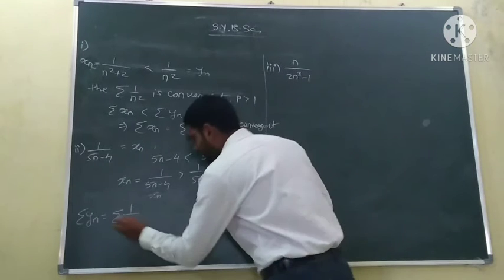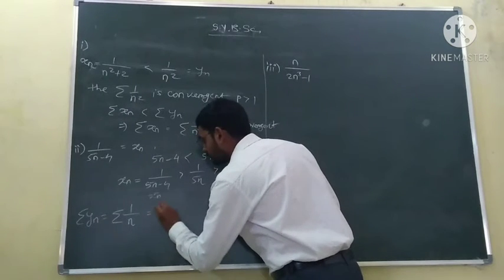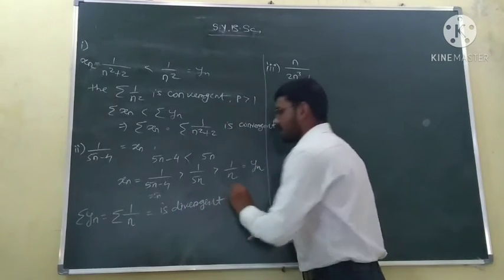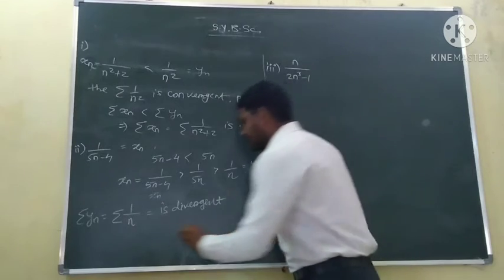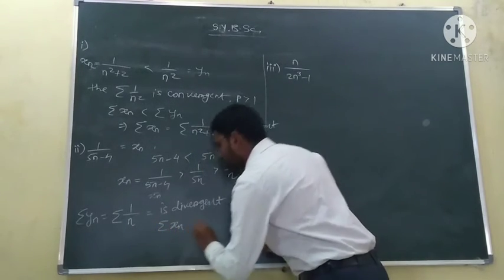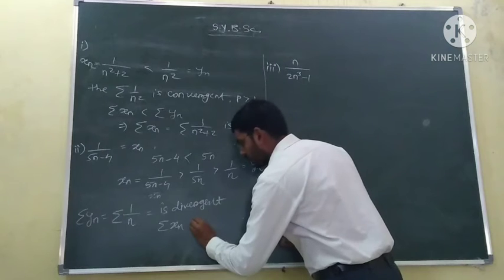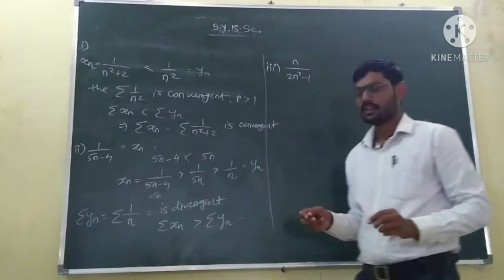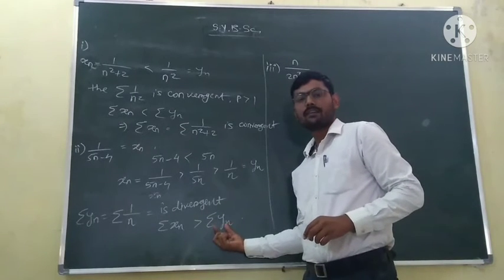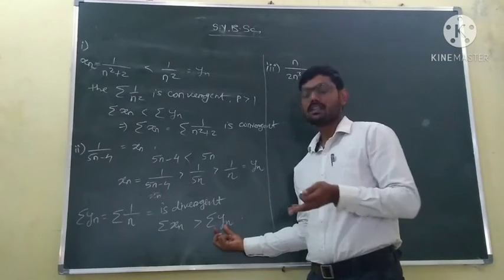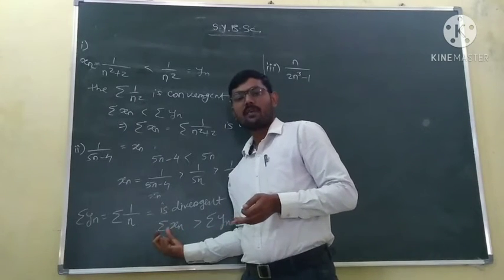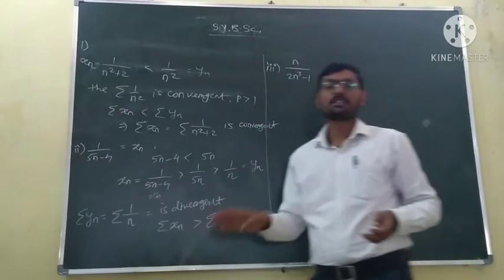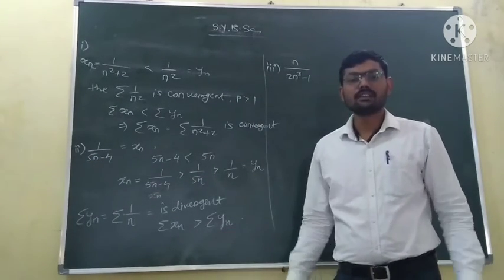So the series yn, which is 1 by n, is divergent, and the series xn is greater than series yn. So here the smaller series is divergent. So by using comparison test, the bigger series is also divergent. The series whose nth term is 1 over 5n minus 4 is also divergent by comparison test.